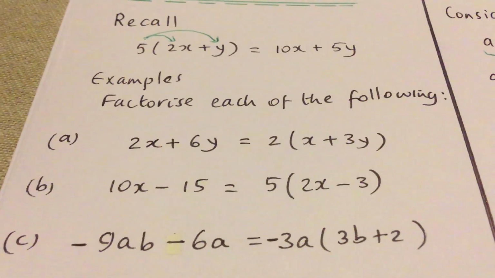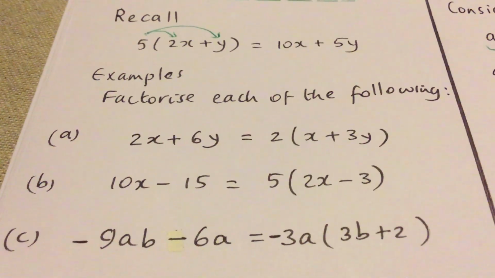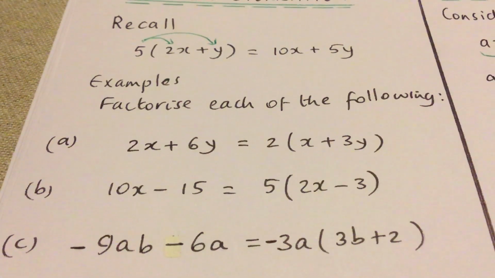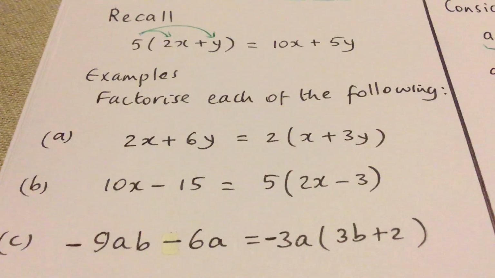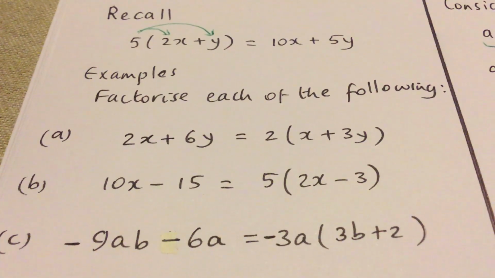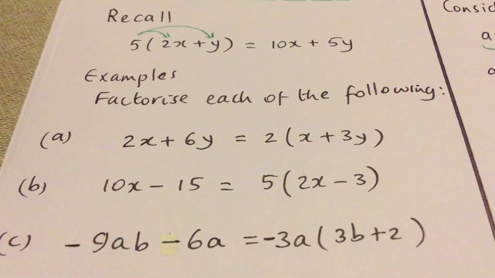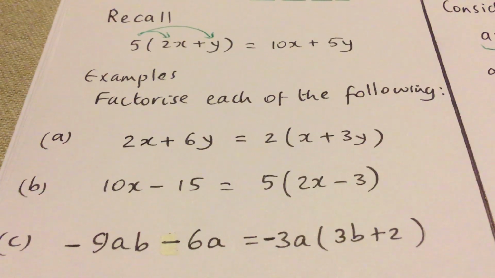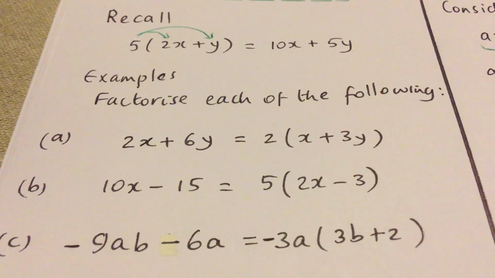Alright, the next one is a bit spicier. It's not only the letters and the numbers, but there's a negative sign as well that's common. So negative 9ab take 6a. As you can see, both terms have a negative sign, so when we factorize, we take the negative outside. Then we look at the numbers, 9 and 6.